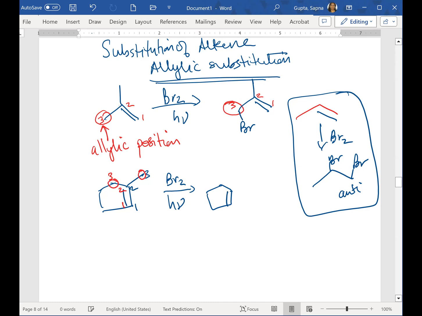I still have the double bond, that doesn't go anywhere. Then here I'm going to get a bromine, and then I'll get another product with bromination here. Obviously not a very good choice to do bromination on, because I don't want to get 2 products, because both of them are equally stable. So it's not a very good one.